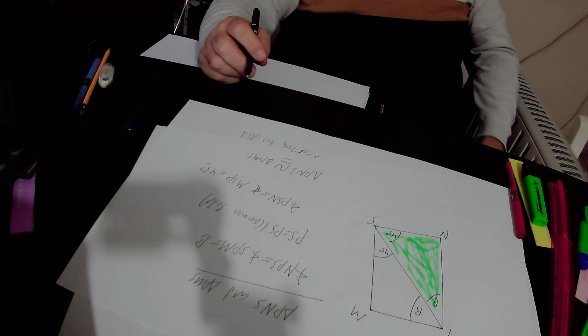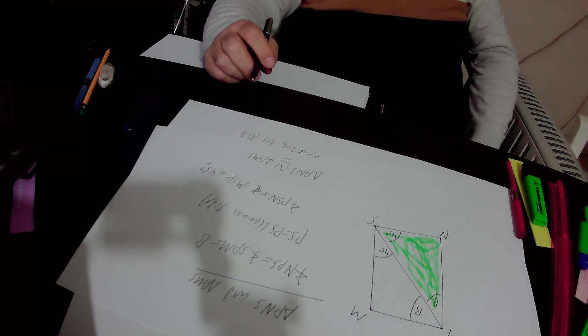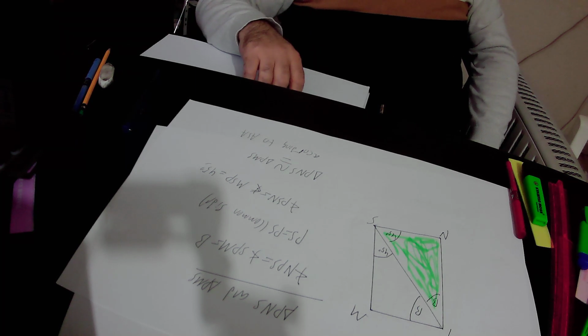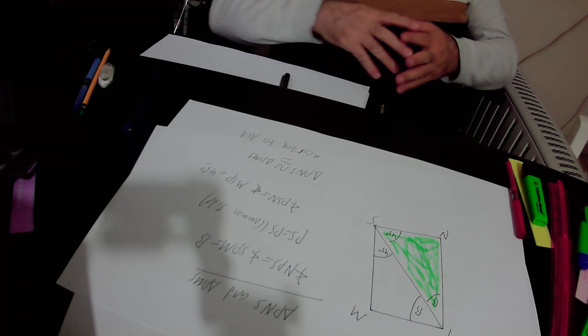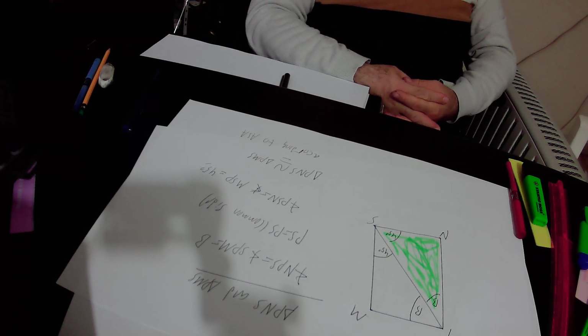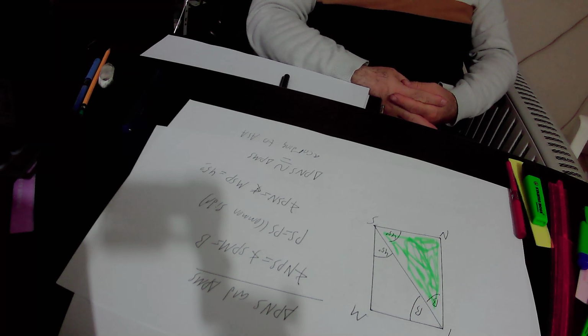What is the angle side angle rule? The angle side angle rule states that if two angles and the side included between those two angles in one triangle are congruent to two angles and the included side in another triangle, then the two triangles can go into each other according to the angle side angle rule.